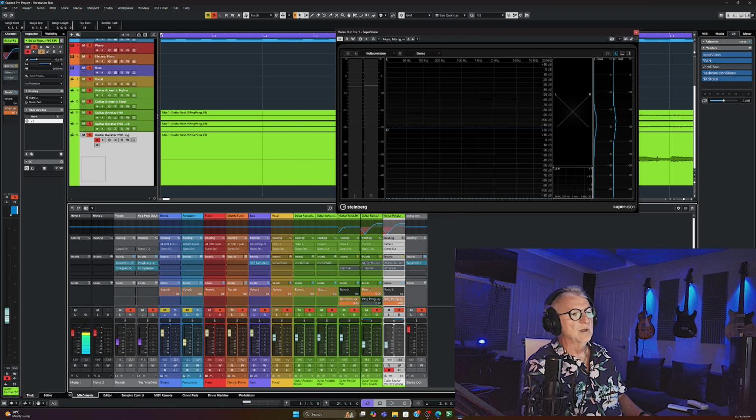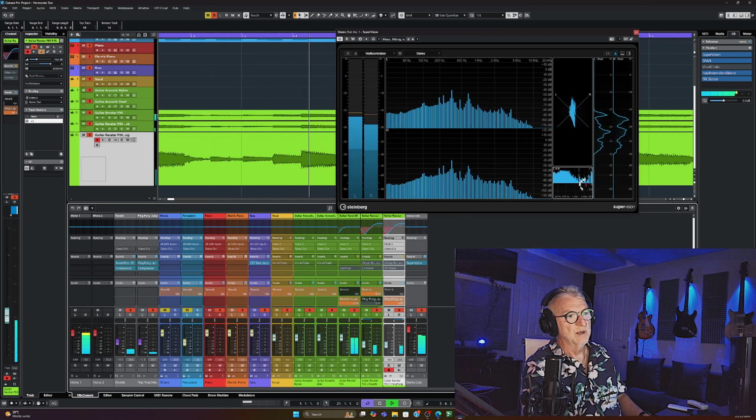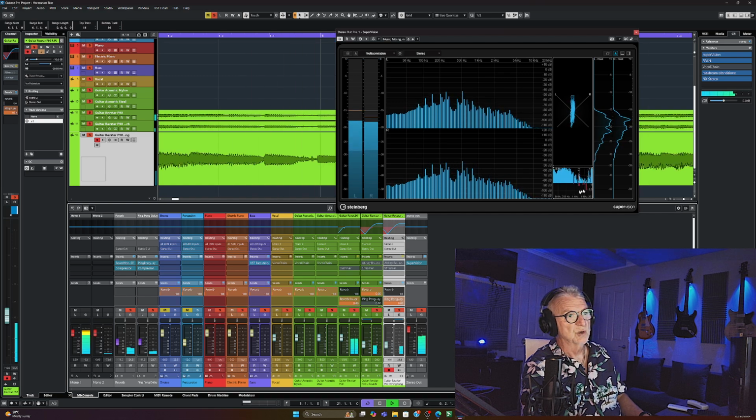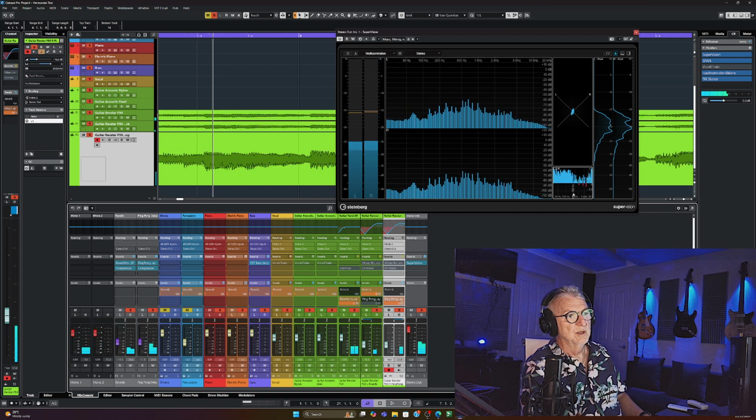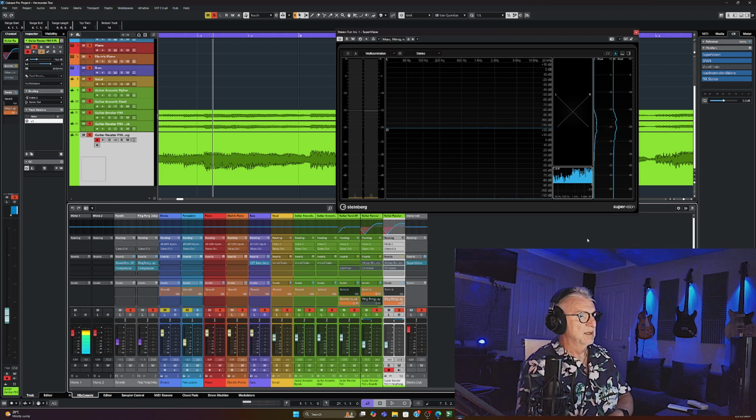Now, the only thing with that is you need to keep an eye on this window for phase issues. You can see that there are some phase issues showing up in the higher frequencies. But I don't see that as a major problem. It basically creates even more space and atmosphere to the sound. Yeah, so I just thought I'd share that.